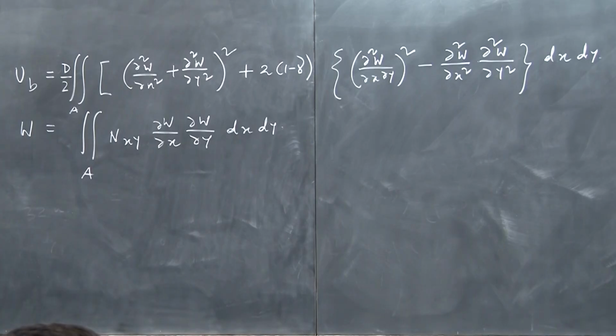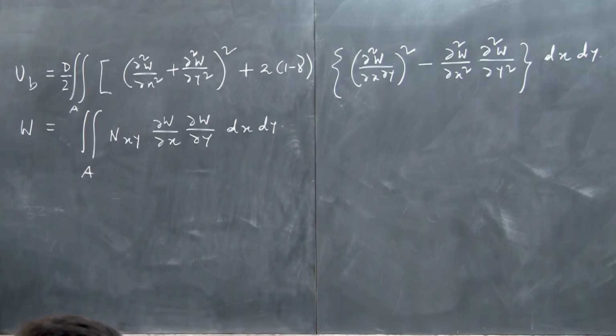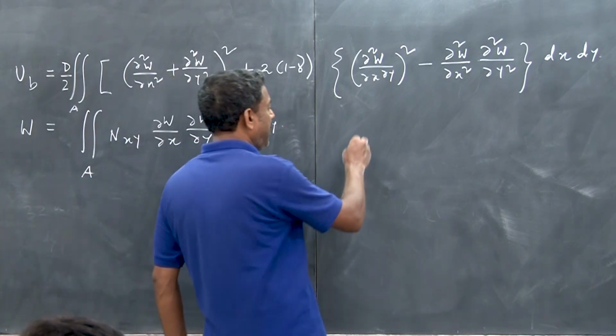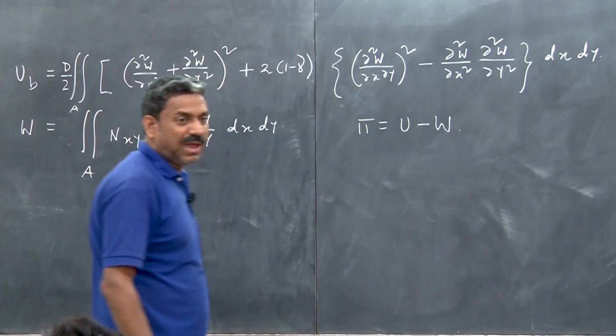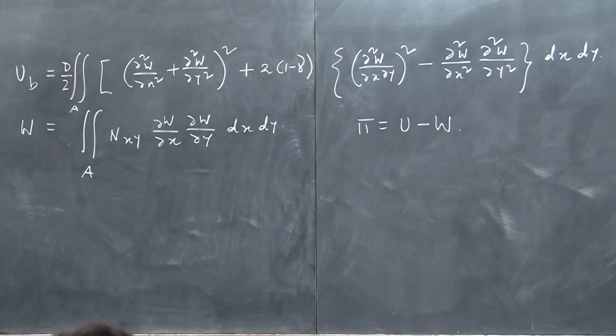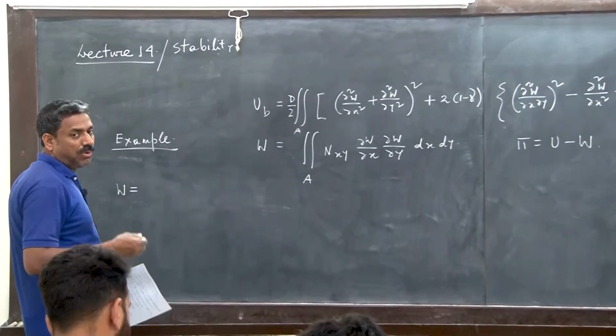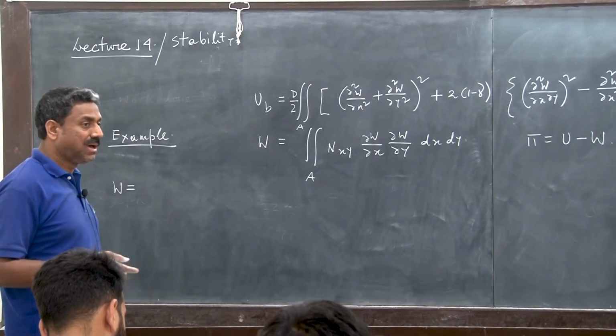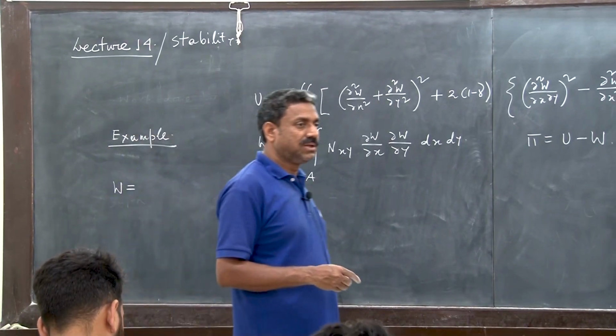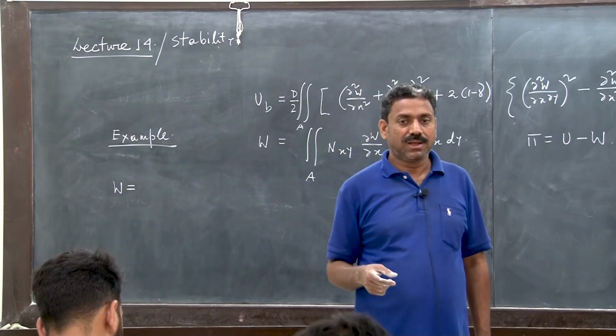Now, the potential energy is strain energy minus work done. We assume some w for the shear deflection. If we want to include more terms it's fine, but if we include too many terms, we cannot do the hand calculation. It will be too complicated.